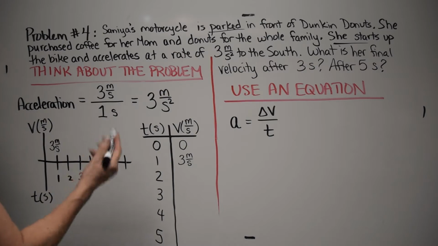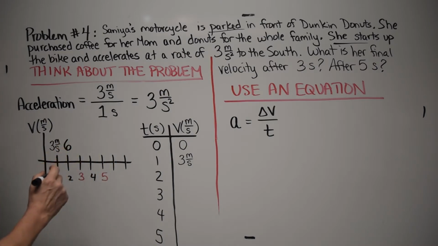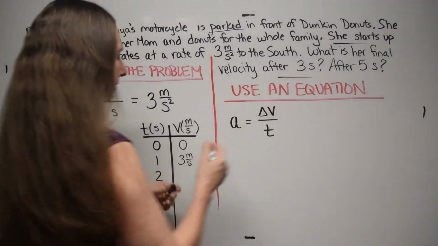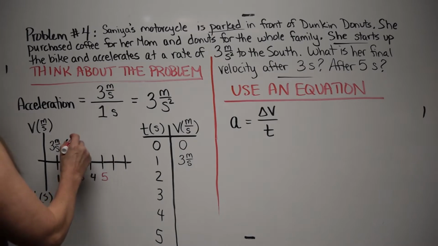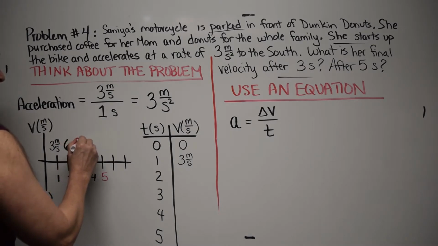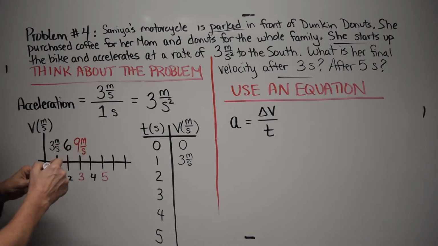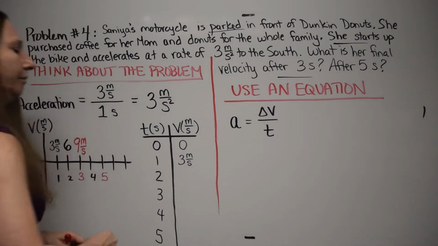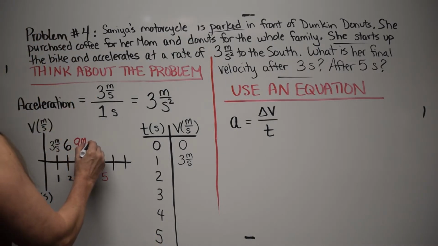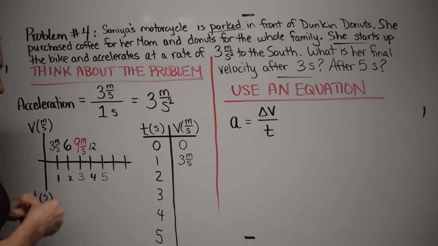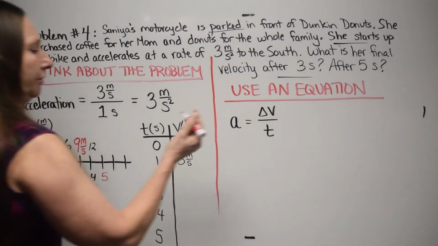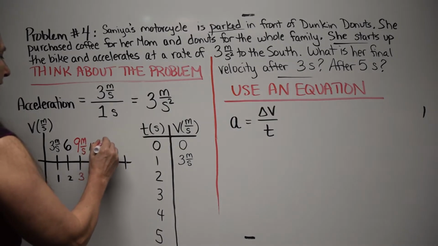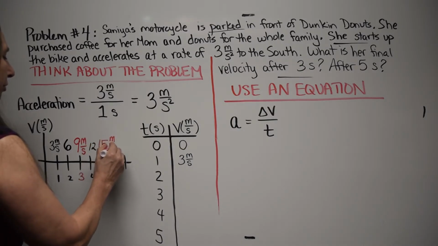After 2 seconds, her velocity would be 6 meters per second. After 3 seconds, which is one of the questions, her velocity would be 9 meters per second. After 4 seconds, her velocity would be 12 meters per second. And after 5 seconds, which is the other part of the question, her velocity would be 15 meters per second.